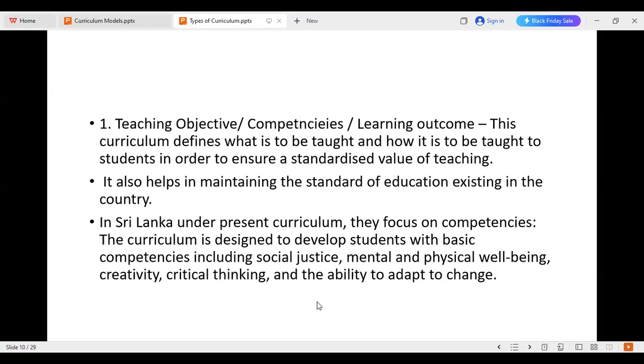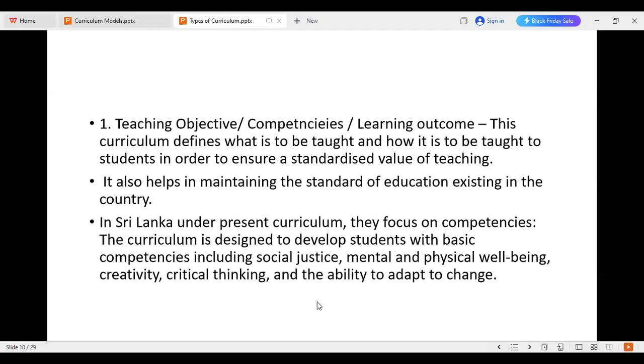The formal curriculum clearly defines learning outcomes.